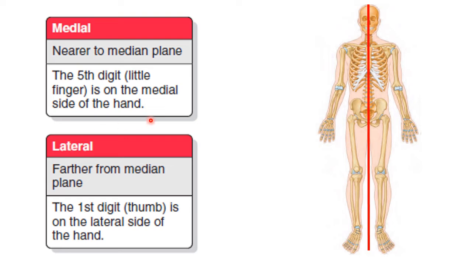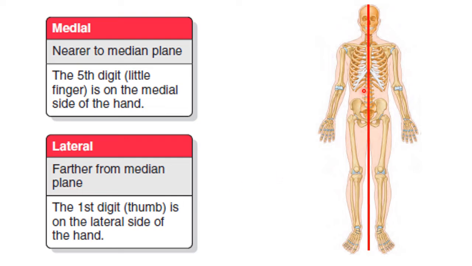Suppose we say the fifth digit, that is your little finger, is on the medial side of the hand. So here you can see this is the hand and this is the little finger. So the little finger is on the medial side, that is lying closer to the median plane. Next we have lateral position.